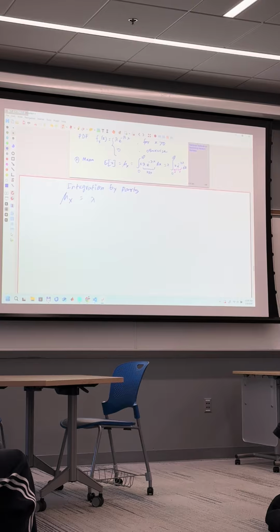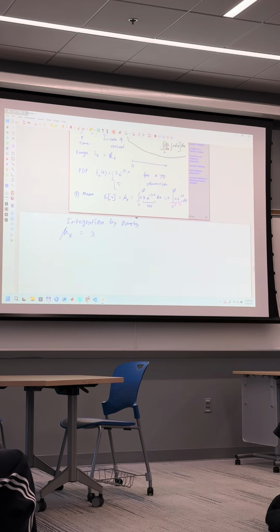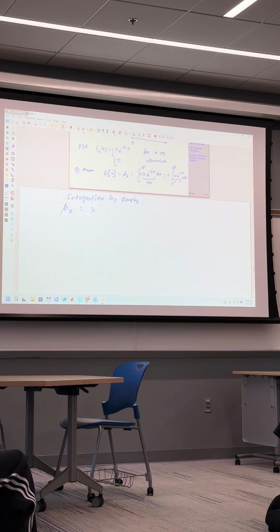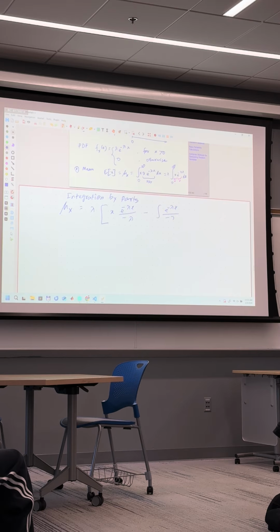If you apply integration by parts, and I wrote the formula already, you can see that it is lambda times x e to the negative lambda x over negative lambda, minus the integration of e to the negative lambda x over negative lambda dx.